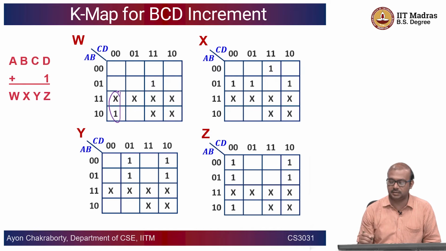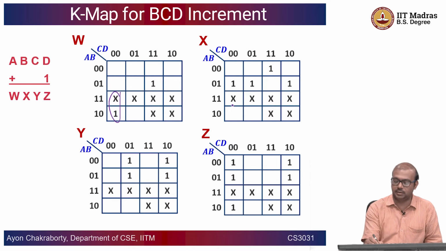Similarly for X, right, you can always group something like this, okay. You can create further groups. For example, here you can group something like this, right. So, this is the way you can explore these don't care conditions.